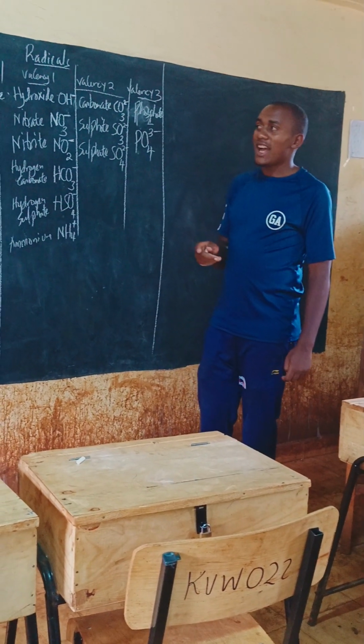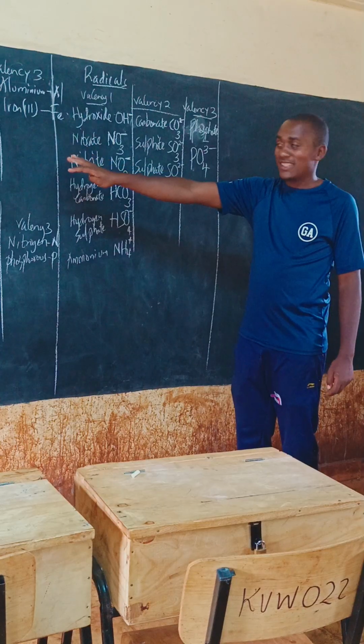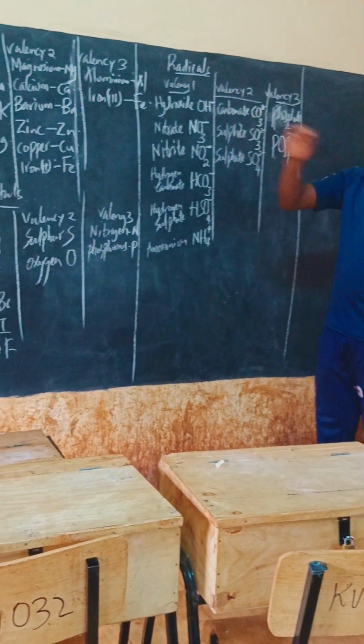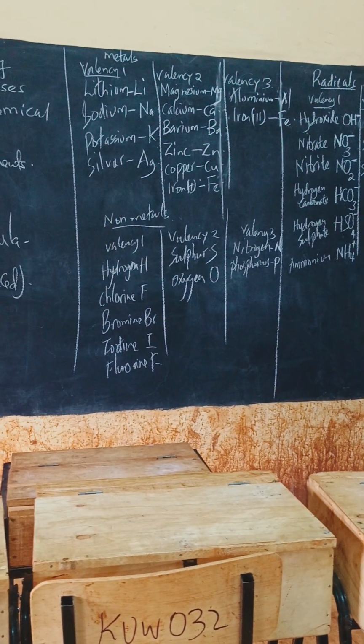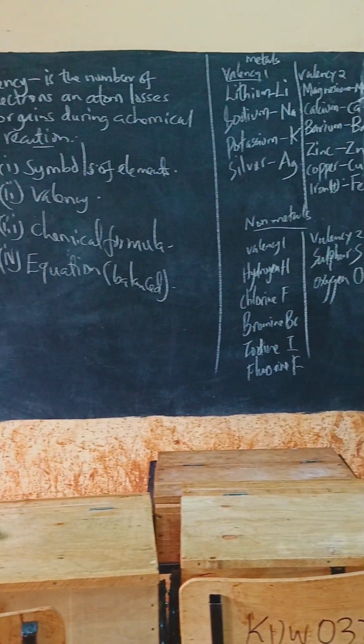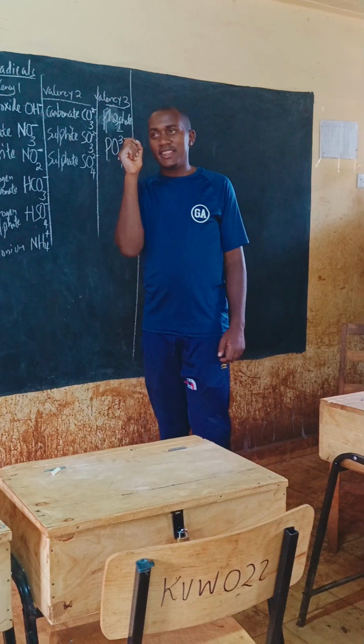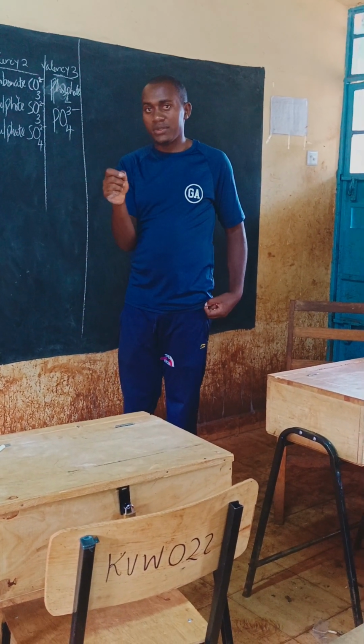So in our next class, I'm going to teach you how you use these valencies of metals, non-metals and radicals. I will guide you on how to write the formula of a compound.